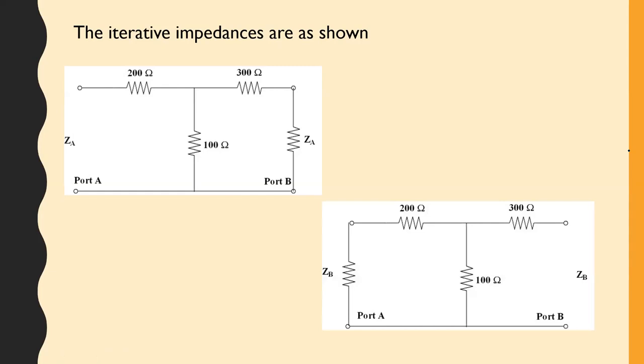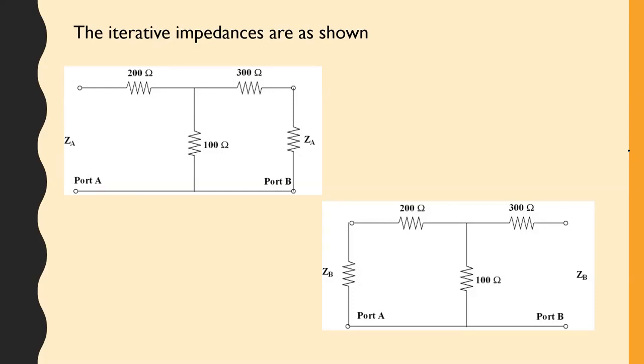So the first one would be 285.4. 285 point what? 285.44.